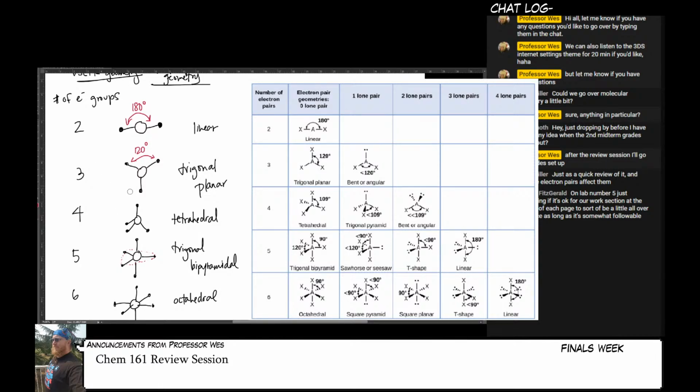For example, if I had something with 3 electron groups, its VSEPR geometry would be trigonal planar. If none of those were electron pairs, its molecular shape would also be trigonal planar. If one of them was an electron pair, it would be bent. If I have 0, this is where I'm at. If I have 1, this is where I'm at.